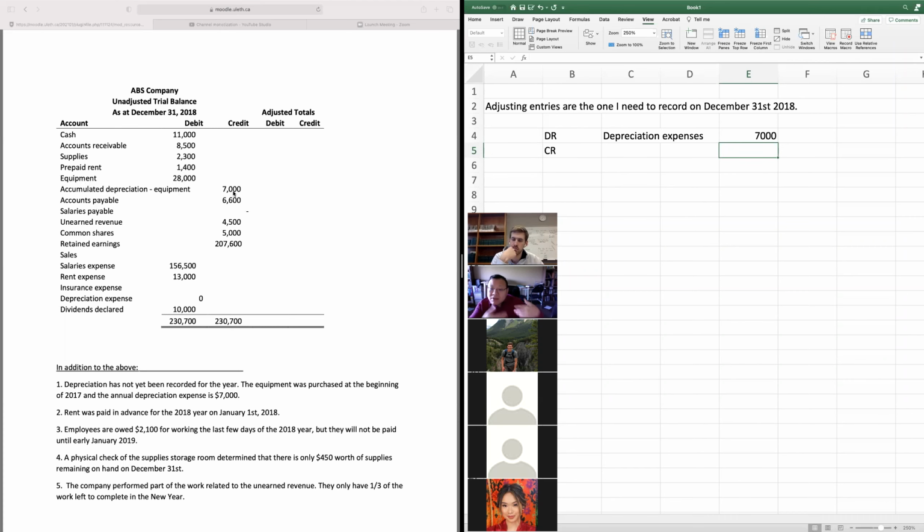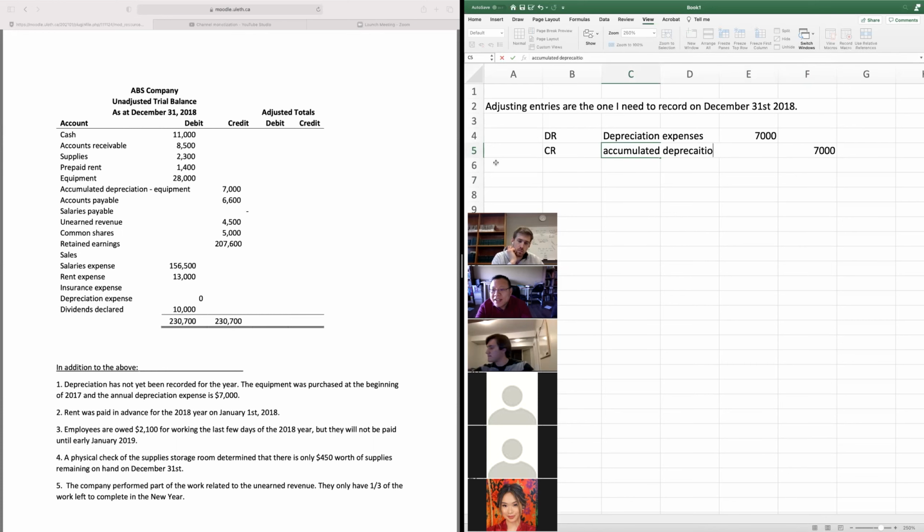So this tells us how much has been depreciated. Now, Joshua, have you changed your mind? Yes, I have. Instead of equipment, you're supposed to credit accumulated depreciation on equipment. Awesome, accumulated depreciation, right?